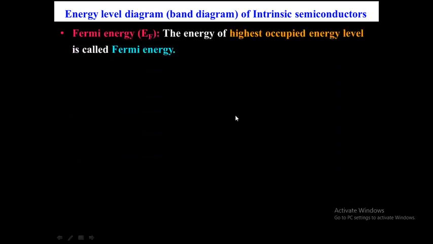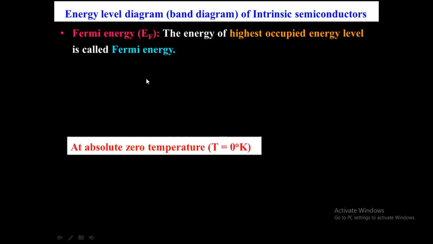So what is Fermi energy? The energy of the highest occupied energy level is called Fermi energy. That highest occupied energy level is called the Fermi level, and the energy corresponding to that Fermi level is called Fermi energy. Now we have also seen what happens at 0 degree Kelvin and above 0 degree Kelvin.